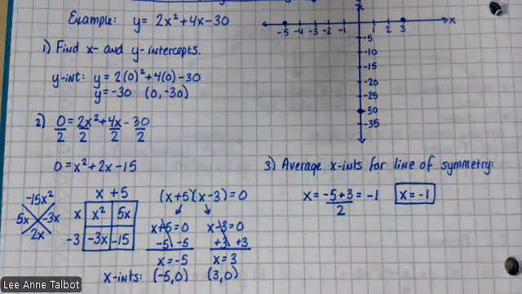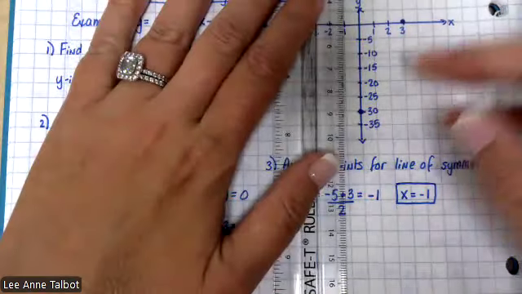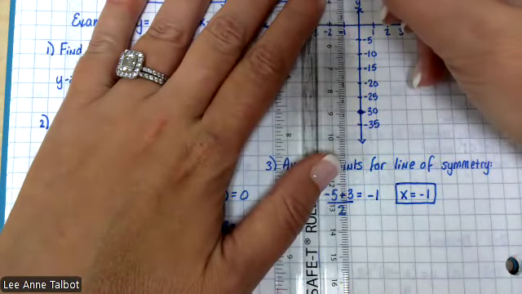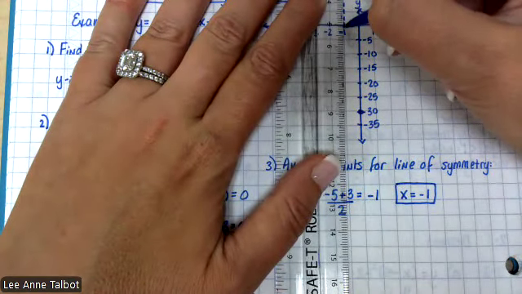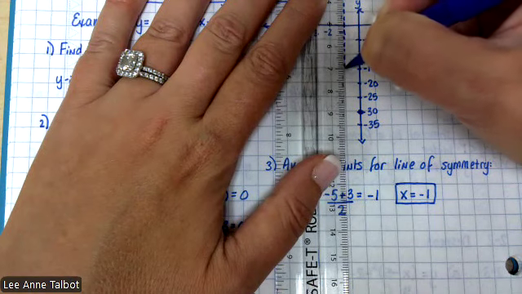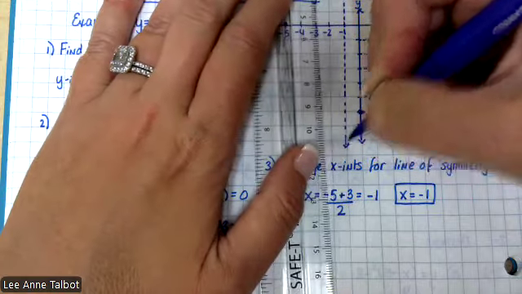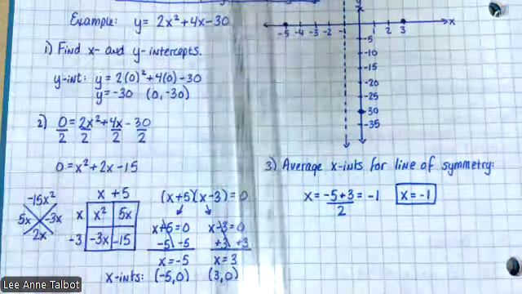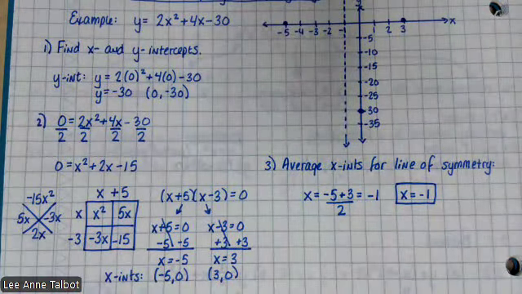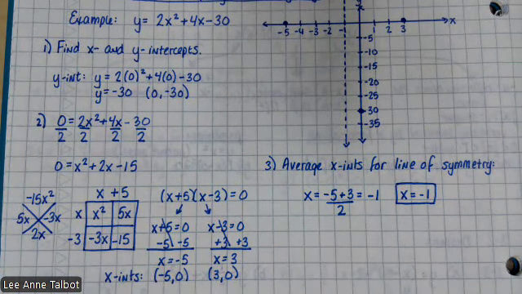Okay, so we're going to dash in our line of symmetry. Now you might be thinking to yourself, we graphed this, so could I have just visualized where the line of symmetry was? Yeah. But on the ones that we do on number 5, we're not going to graph it. So we're just going to do the algebra part.